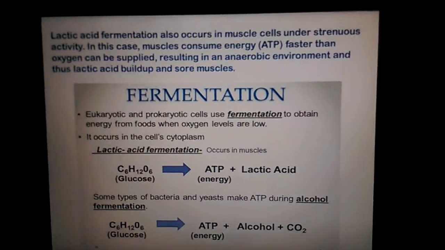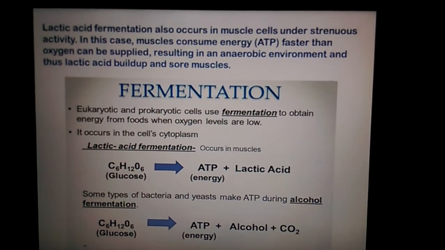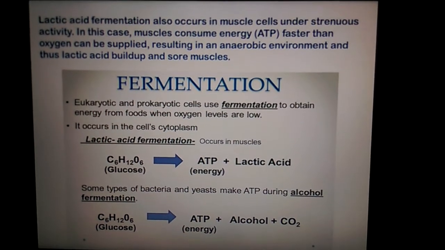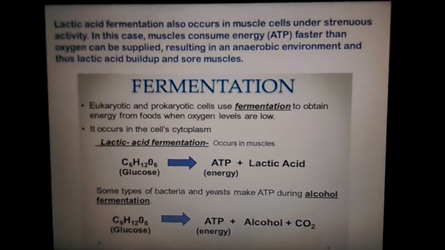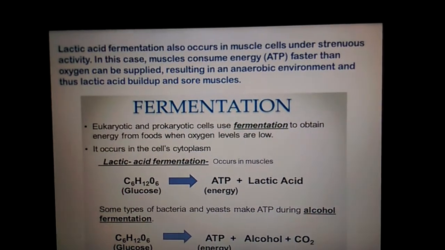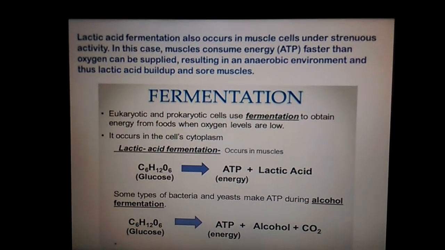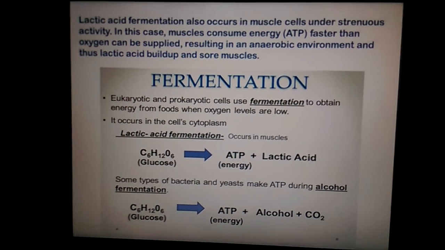Fermentation has many types actually. We know about lactic acid fermentation and alcohol fermentation. Here this is the most important thing. Lactic acid fermentation also occurs in muscle cells under strenuous activity.